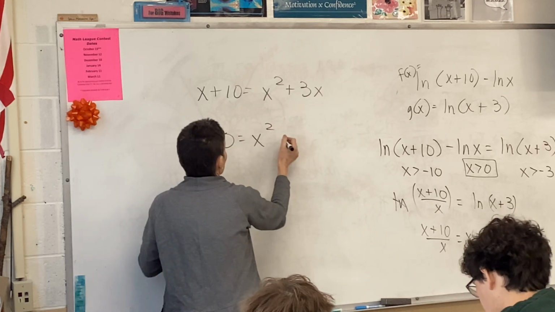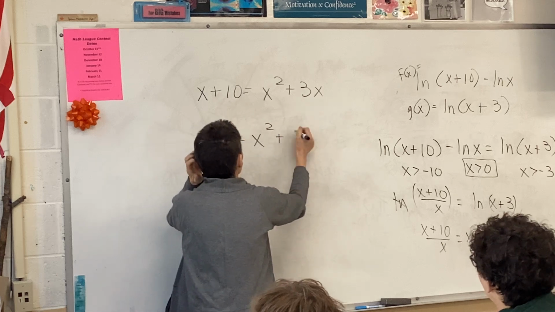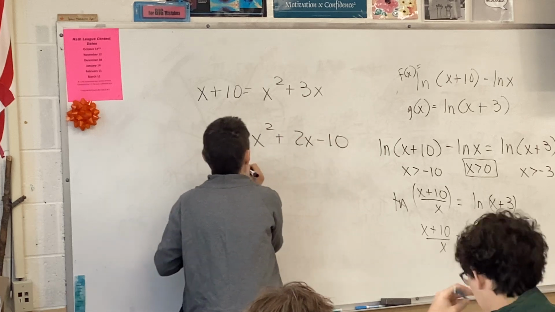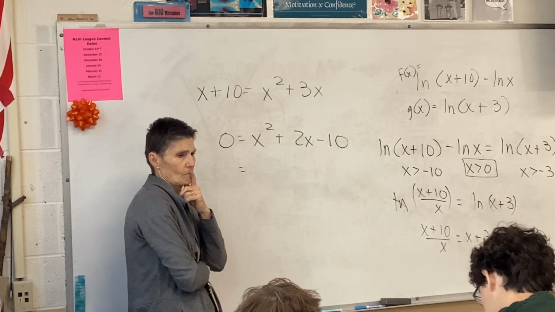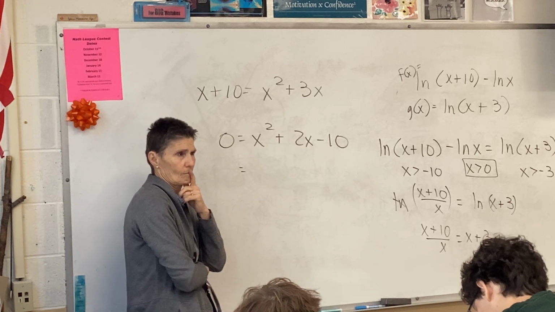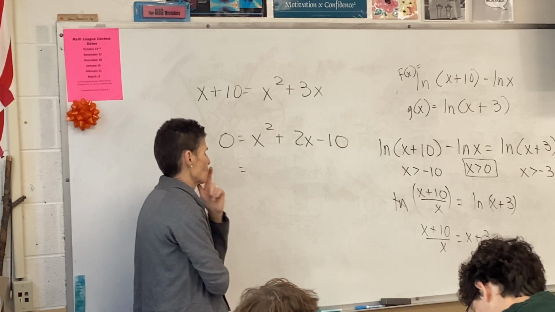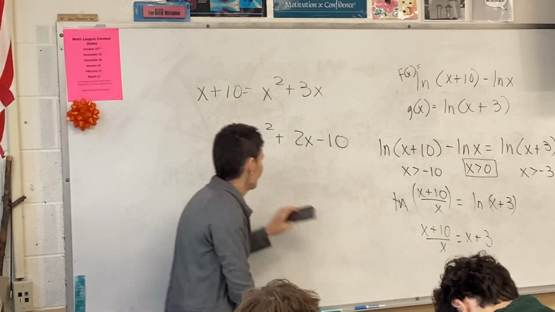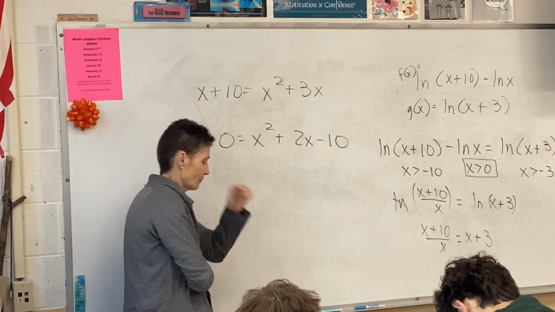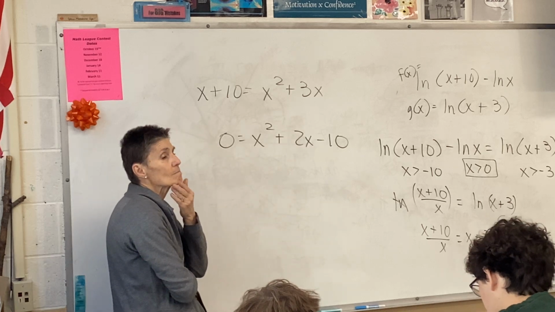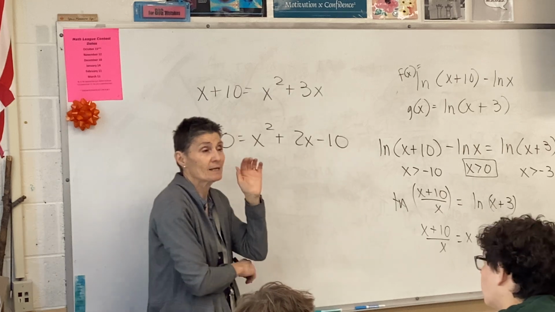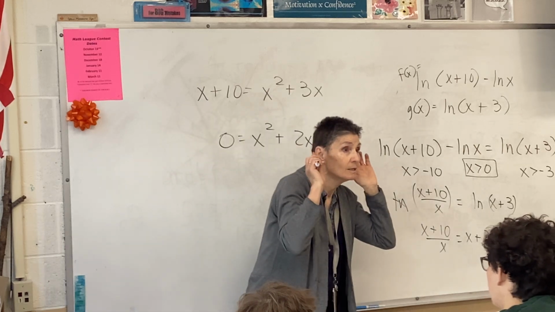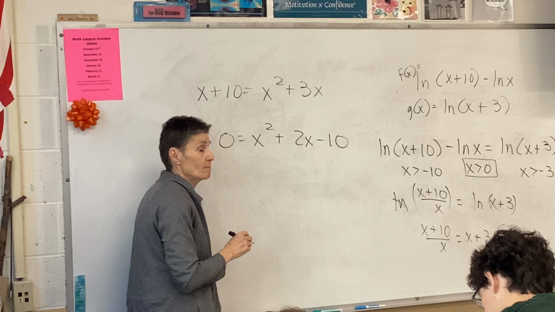X squared plus 2x minus 10. What now? Speak up, I had a birthday, now I'm 66 and I really can't hear. Quadratic equation. Now I'm going to use the quadratic formula, yeah.